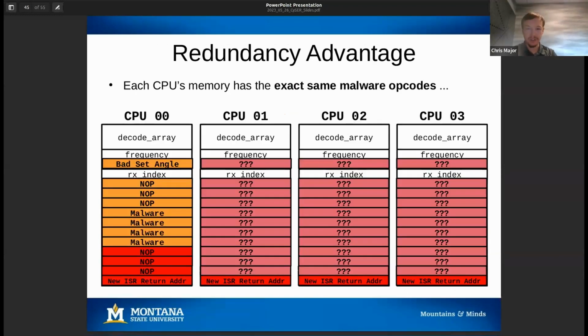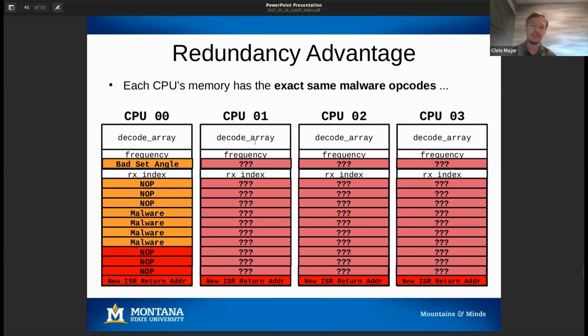But again, assuming the previous one was just a standard microcontroller, if we bring in the CyberShield system, we technically have 4 CPUs worth of memory that we're attacking. Where CPU 0 might recognize that these are no-ops, this is executable code, and this is a return address, these other cores have absolutely no idea what this even means.